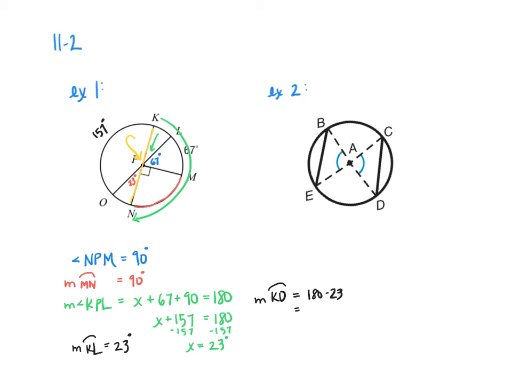So they're marked that they're congruent. The theorem says if they have congruent central angles, they're going to have congruent chords. So that we could say line segment BE or chord BE is going to be congruent to CD.